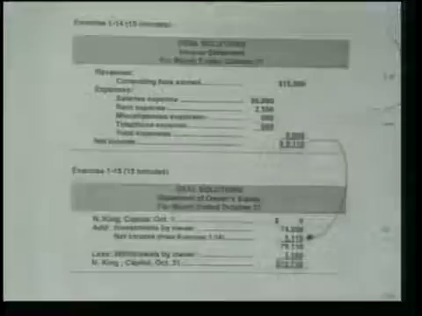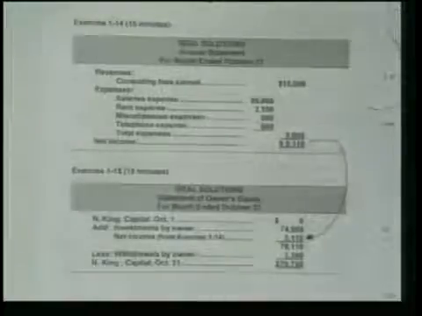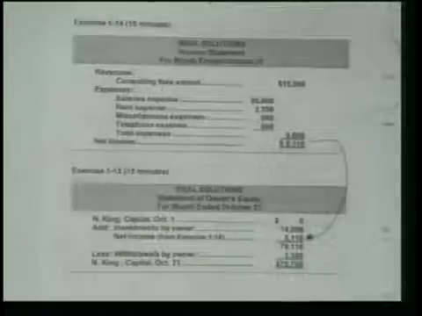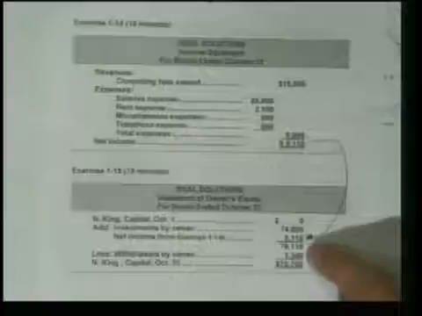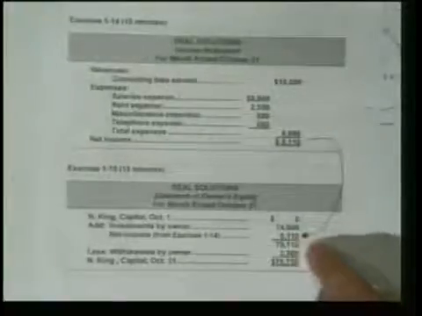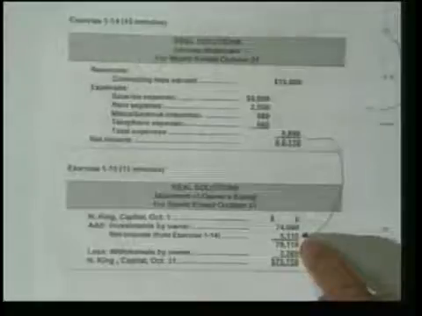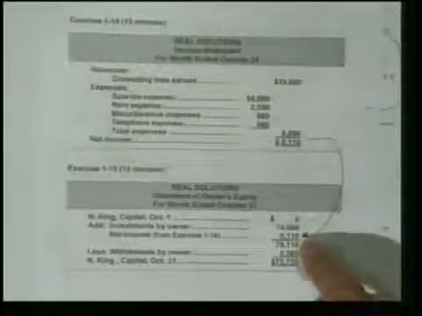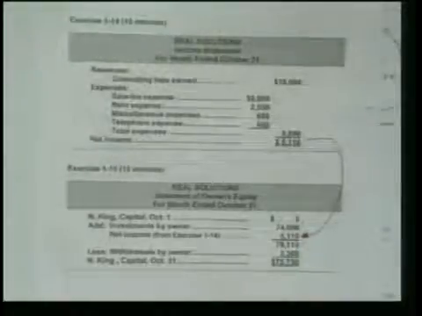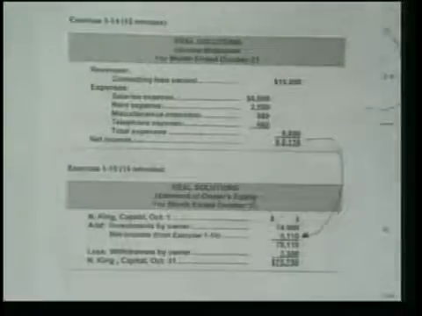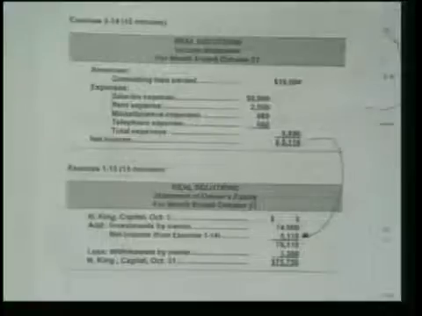We added investments by owner of $74,000, which was made on either October 2nd or October 3rd. I can't remember which I told you. We add the net income. You know, this subtotal right here, I think is kind of not a real worthwhile subtotal. So if you didn't have that, that's fine. Then you deduct your withdrawals by the owner, and you get ending capital at October 31st.